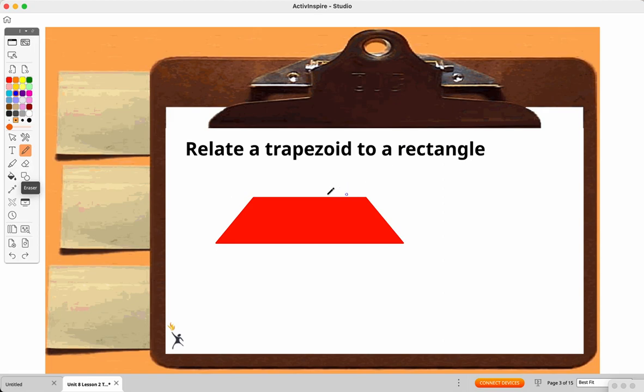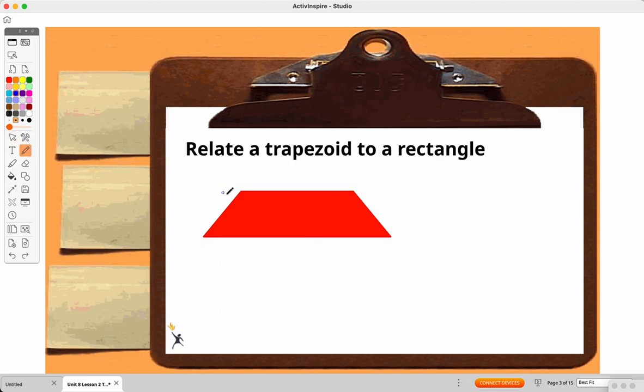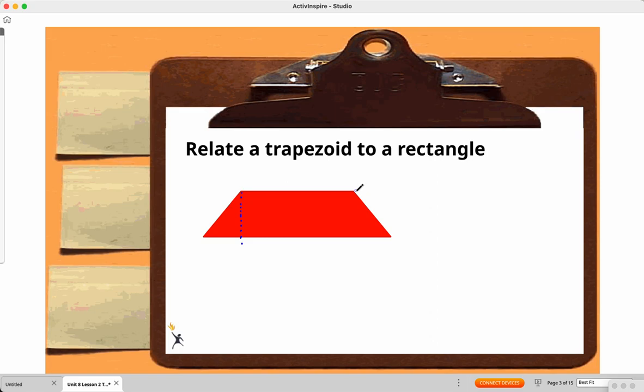So we know that we could work our way through this and go, okay, I could take this trapezoid and change it a little bit. What happens if I took this part and cut it right here and transferred it over here? Wouldn't I get myself a rectangle? If I cut it at 90 degrees right here, perpendicular to the base and the other parallel side, I could create this.